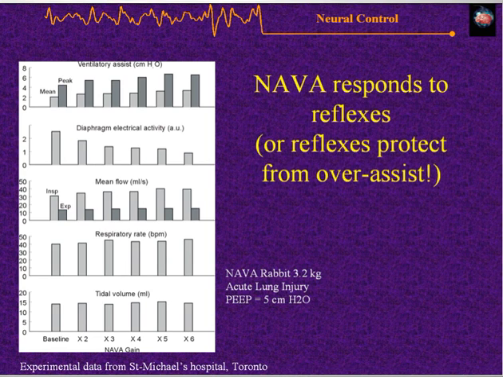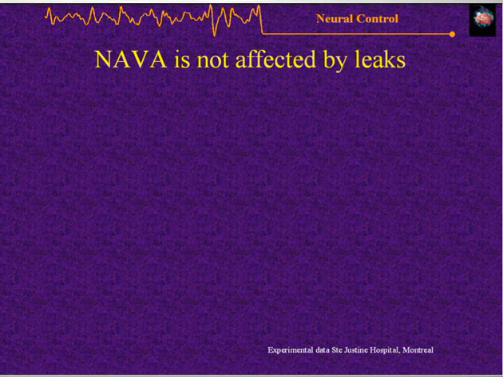And I wanted to point out a few things. First, there was an increase in the assist because we are increasing the NAVA gain level. The diaphragm electrical activity in response to the assist he was receiving became deactivated, so he was unloaded, and the diaphragm electrical activity decreased. There was very little change in the mean inspiratory flow. There was a slight increase in the respiratory rate.